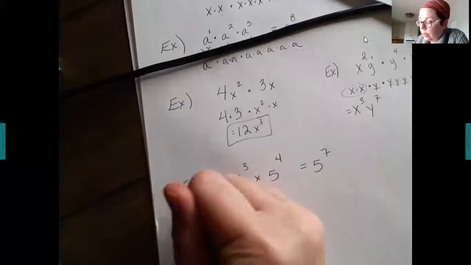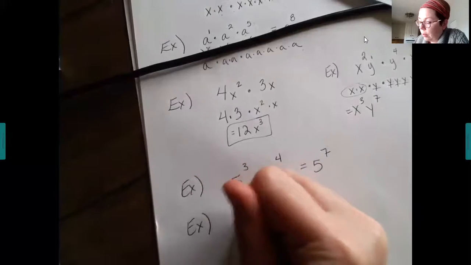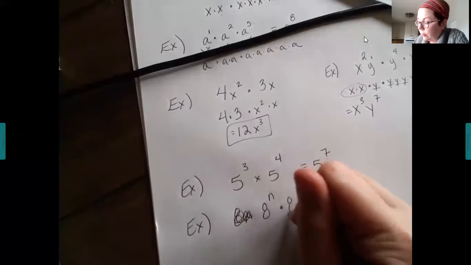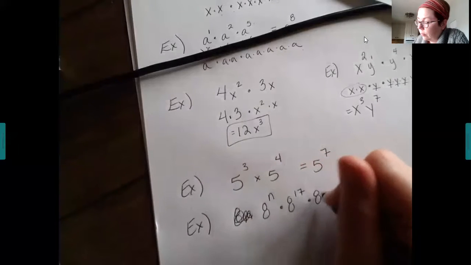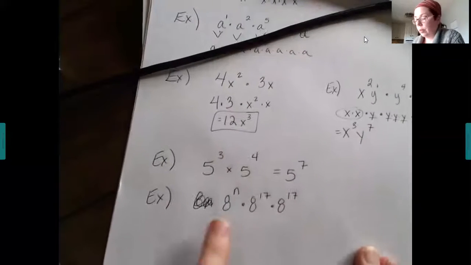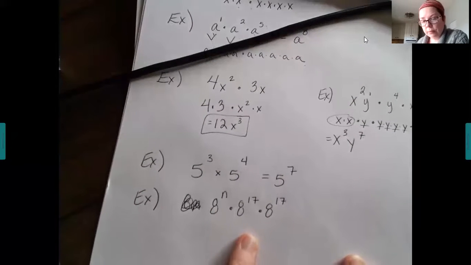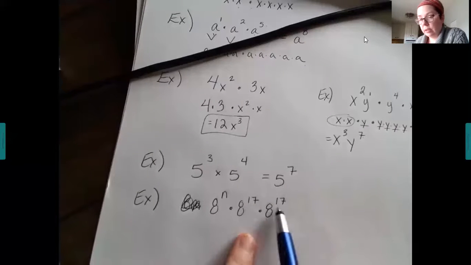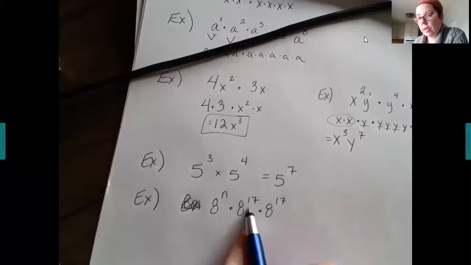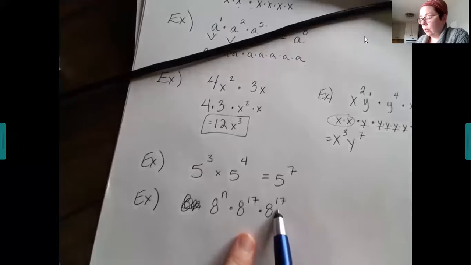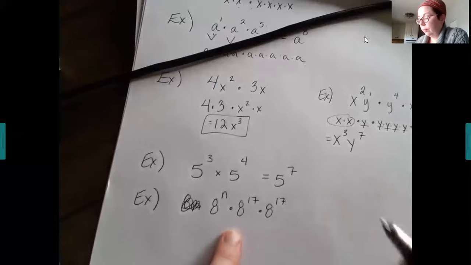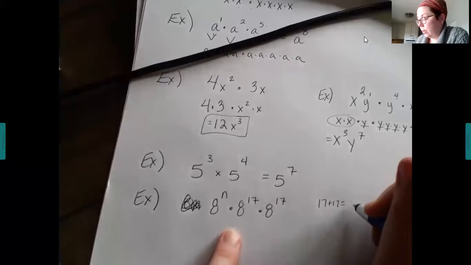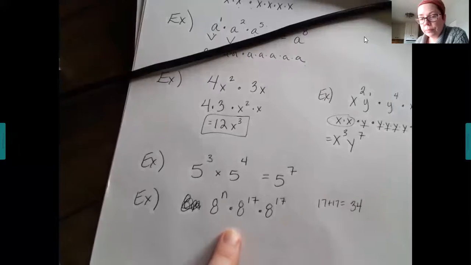And in your homework, there was one that looked like this. It had 3 bases of 8. This 8 and this 8 are both raised to the 17th power. Now, I don't want to write this out 17 times, and I don't want to write this out 17 times. So the shortcut is we can add these two together, right? So 17 plus 17 is, I believe, 34.